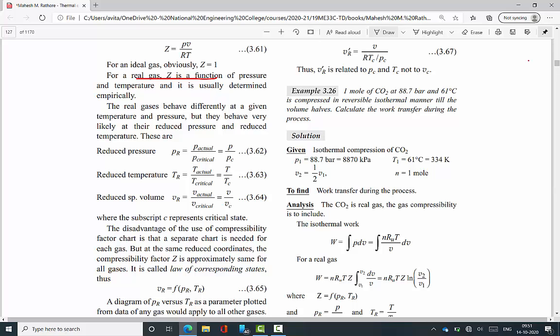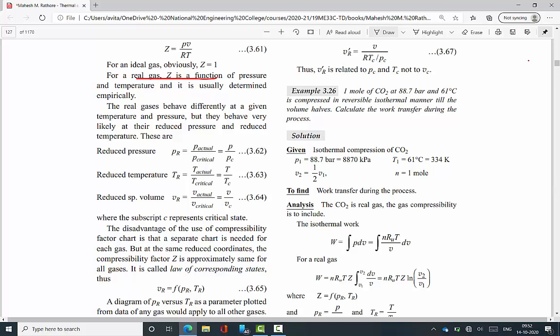It is not correct that all gases behave in the same manner at different temperatures and pressures. Each gas behaves differently, so we would have to draw the chart for every gas. That is very difficult.